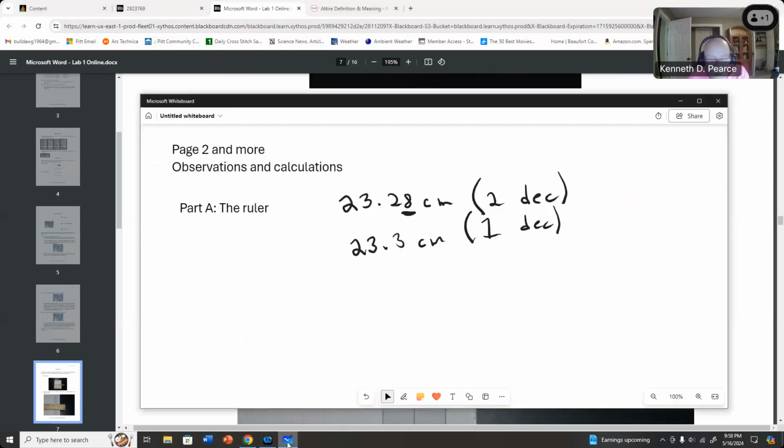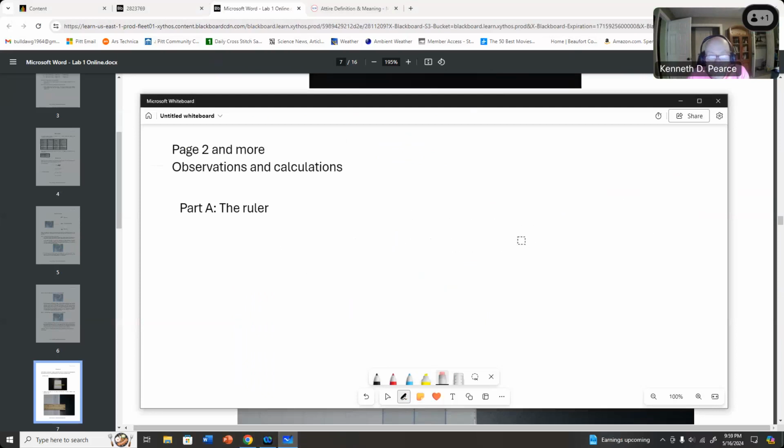So we go back here and I'm going to go ahead and erase what I put here. And here comes our measurement. What do we decide? It's at least 11 inches. Okay, it's at least 11, but we need to go out 1 decimal place.